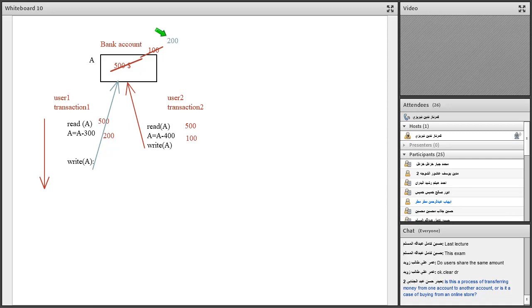At the same time, you are transferring money online from your bank account to someone else. If there is no control for concurrent run of these transactions, there might be problems like this. There are other examples here.